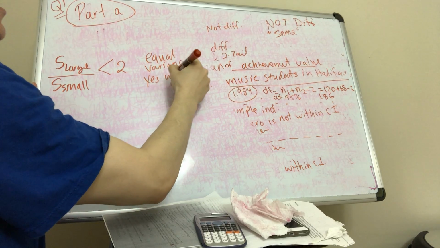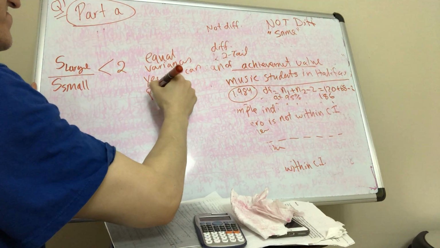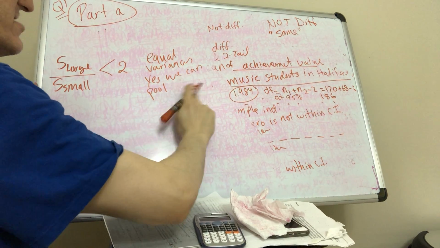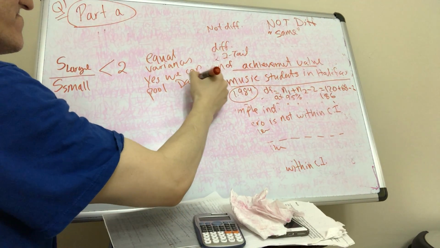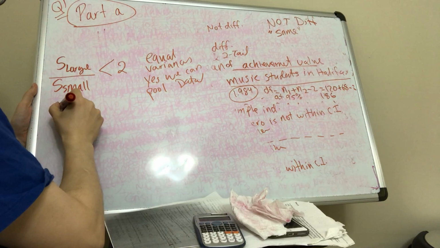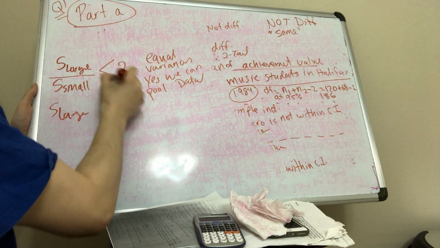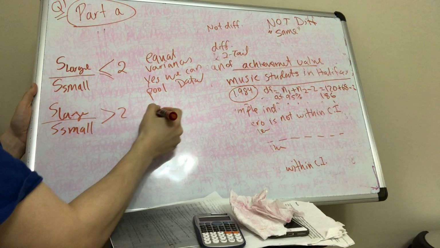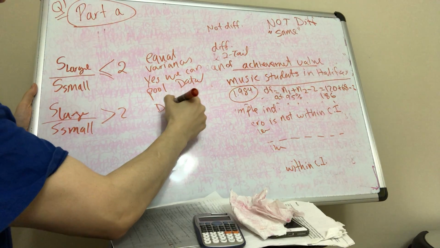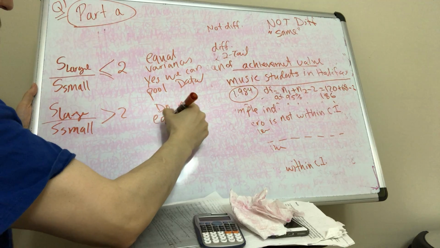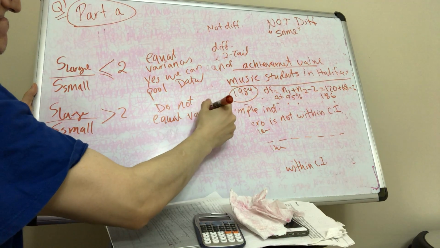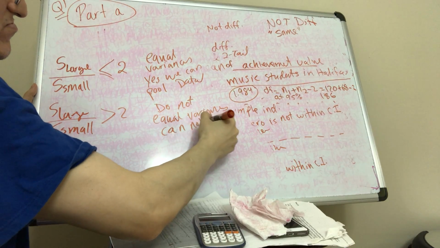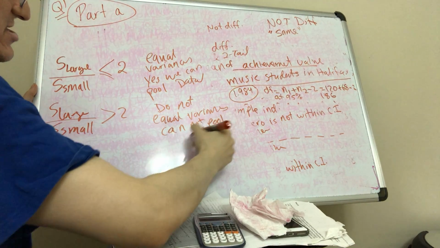Yes, we can pool information or pool data. If your S large over S small is more than 2, you do not have equal variances. Cannot pool information or data.